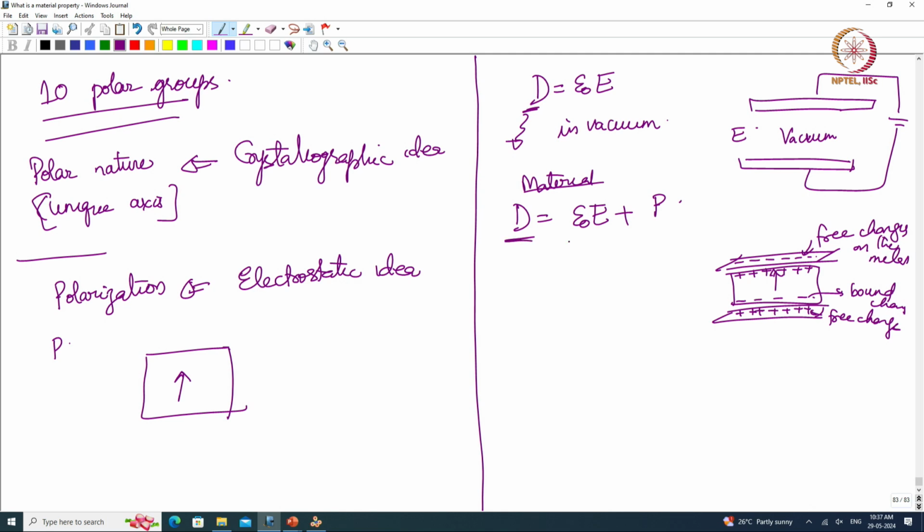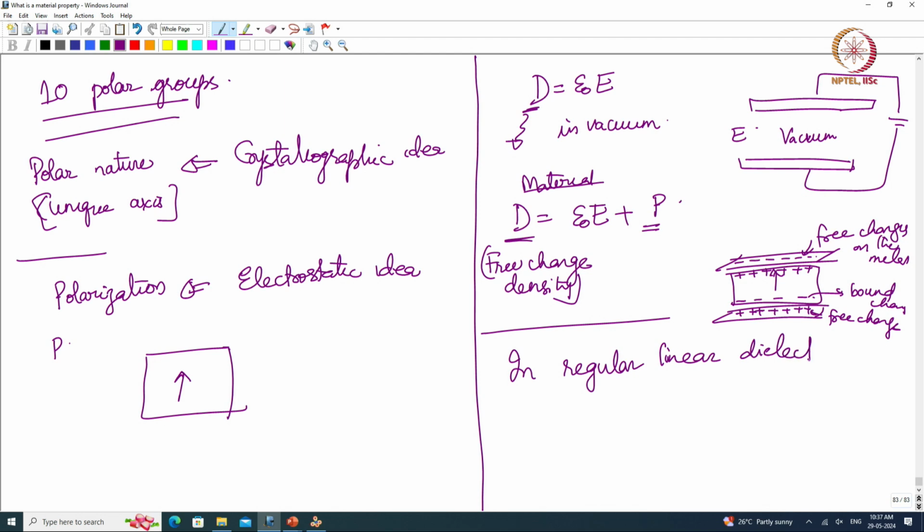By looking at displacement, you are looking at this charge density, the free charge density. That is the displacement vector. So a material additionally adds a polarization. Now what is polarization really? We said in linear dielectrics, you polarize the dielectric by applying an electric field.